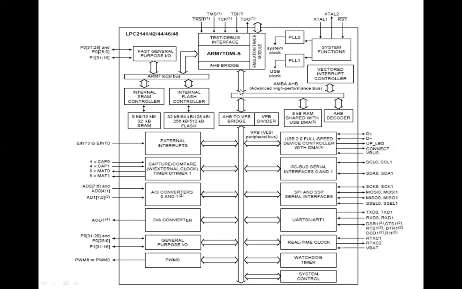Similarly, another section is about 8 KB, 16 KB or 32 KB of SRAM, static RAM. It is temporary memory; it will hold your data as long as power is on. That's why the internal SRAM controller is linked with this memory.